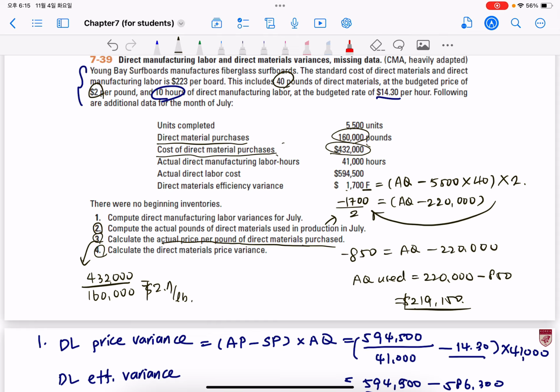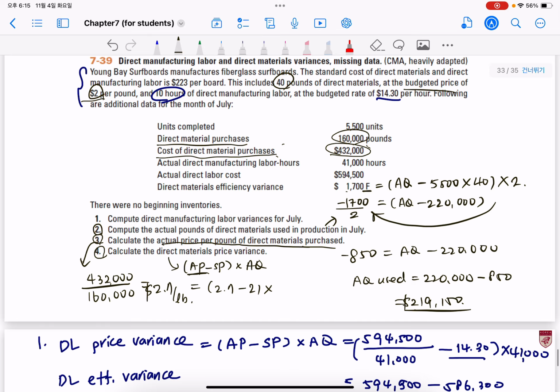And then for 4, calculate the material price variance. So for this, we can use actual price minus standard price times actual Q. So again, let's see. Actual price is going to be 2.7 that we have just got. The standard price is given right here as 2. And then this is something to note. For actual quantity, this is not based on the actual quantity used, but it's based on the purchase.